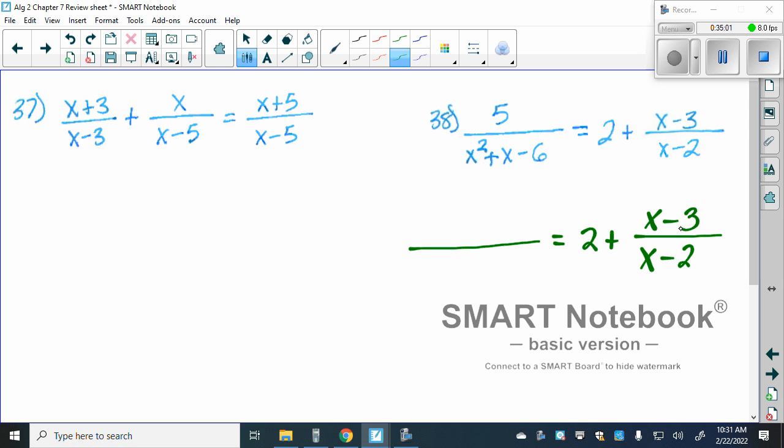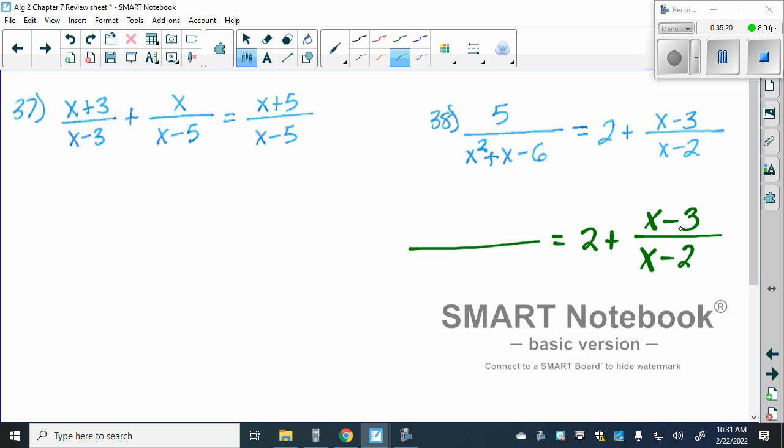Check for restrictions, because they might show up. And it's been a bit since I wrote the test. I do not believe any of them have a no solution. That means both solutions are restrictions. You should get at least one that works.